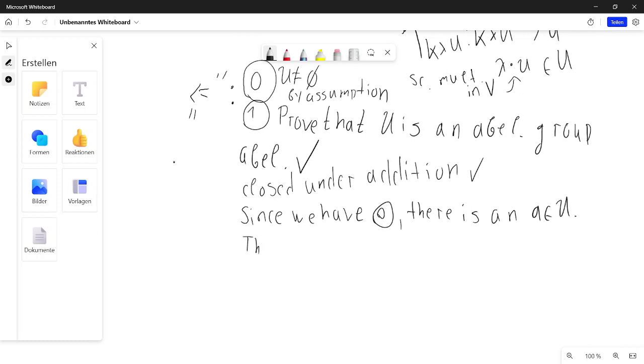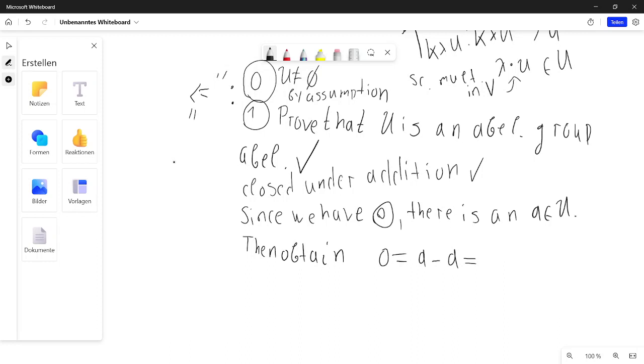Then we obtain zero is equal to a minus a. You recall, minus a actually just means a plus the vector minus a. And how do we know that this is actually in U? Well, we just apply the other property.